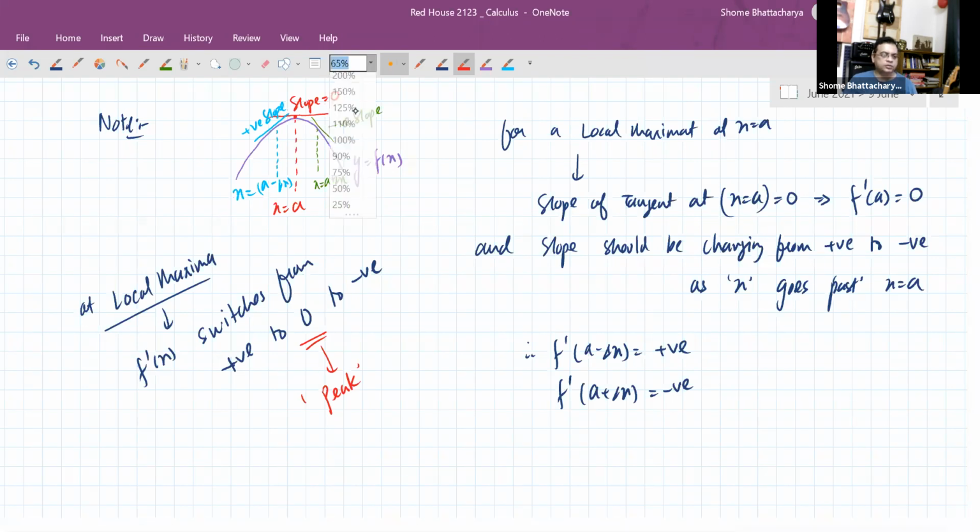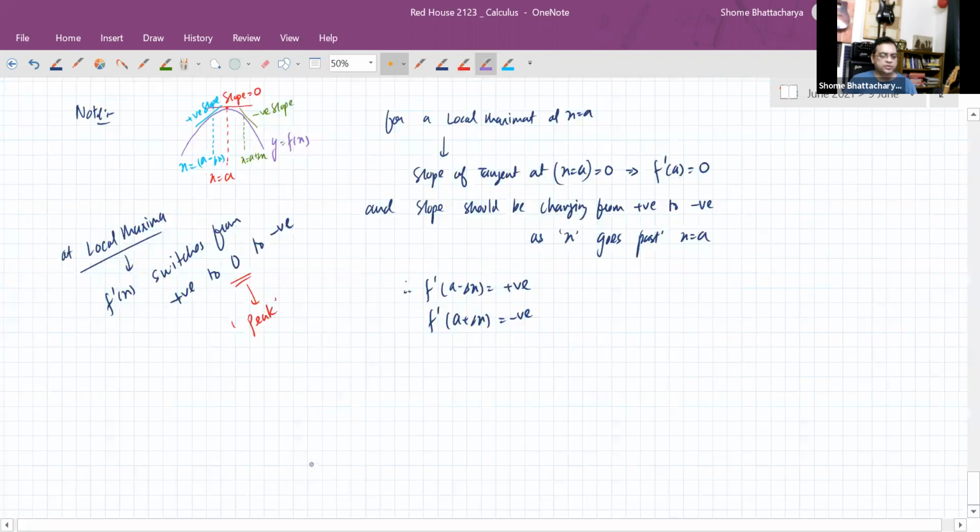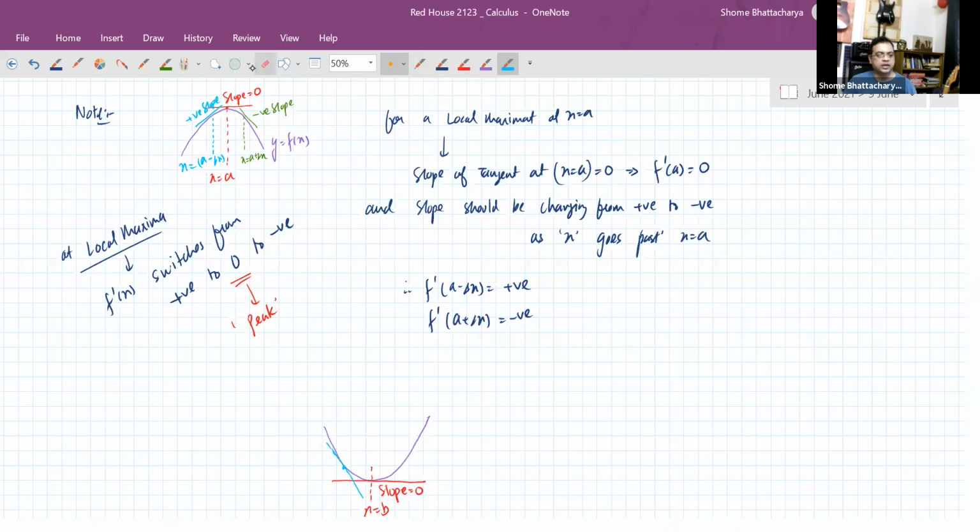Now similarly, if you're talking about a local minima, it has the opposite behavior. So this is the point x equal to b. The slope is equal to 0 at this point. But before this point, the slope is negative, and after this point, the slope is becoming positive.